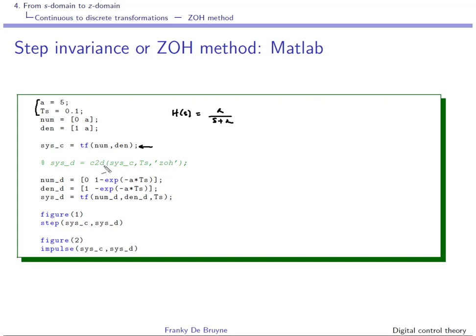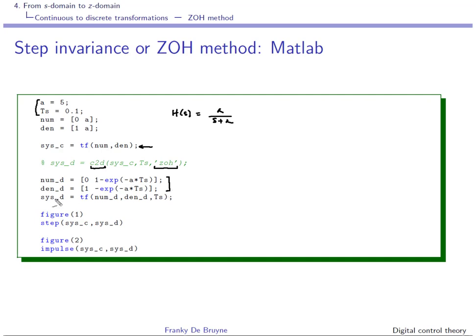Of course, what you could do is use the command c2d, and if you're interested in the step invariance, or equivalently the ZOH method, you have to use the argument ZOH. As a matter of fact, if you do not use an argument, it will still use the ZOH method. So these are the numerator and denominator of the transfer function that we have obtained.